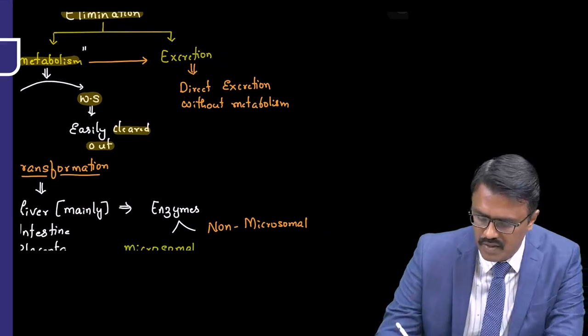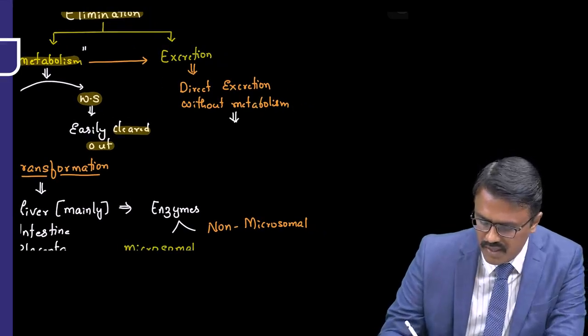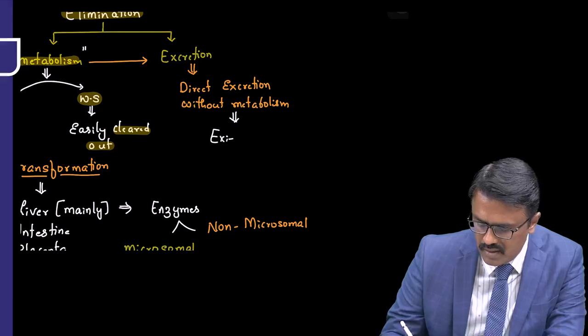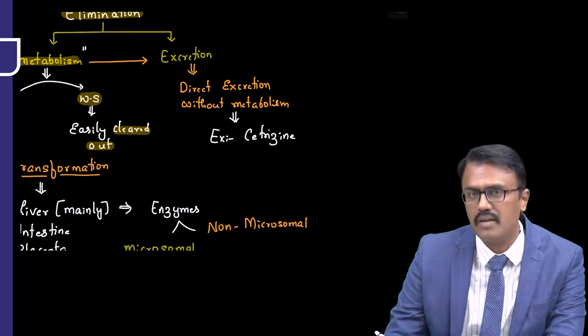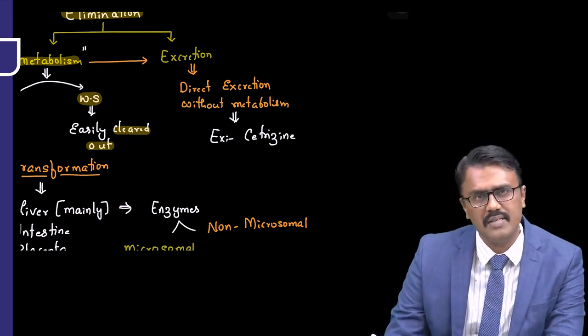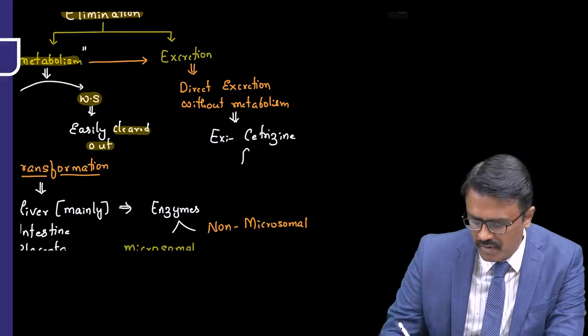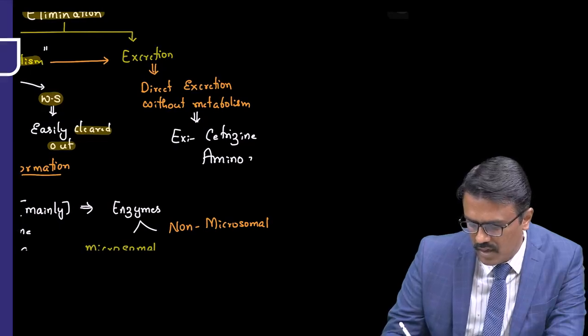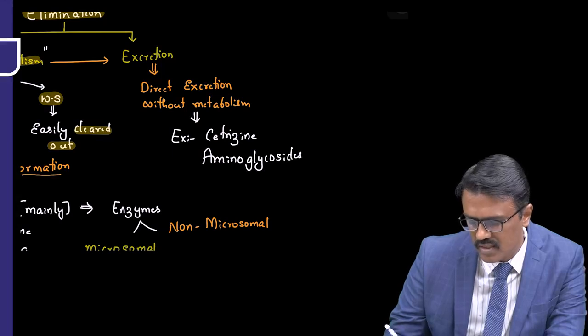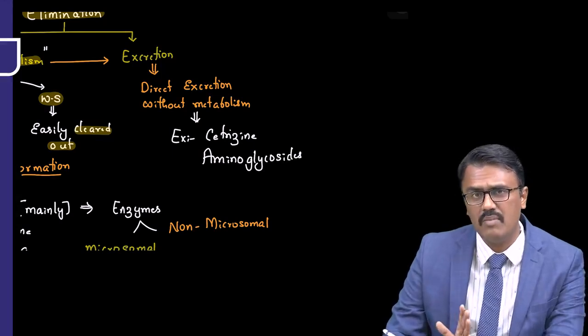Examples for them, very, very important. The example is the favorite drug, cetirizine. Cetirizine will come out in the urine as cetirizine only. One more group of antibiotics are called aminoglycosides. So these are excreted as such without any metabolism.